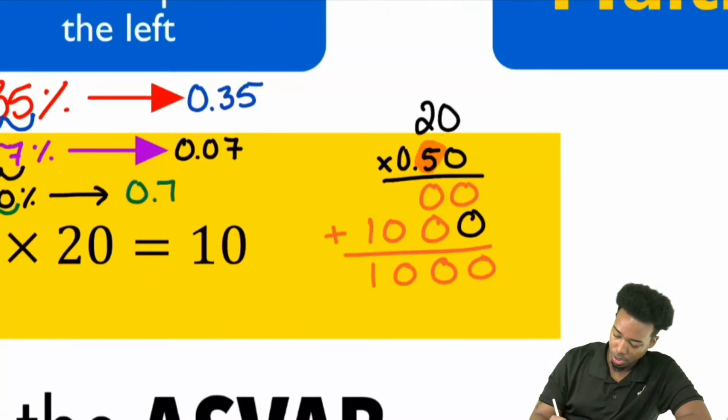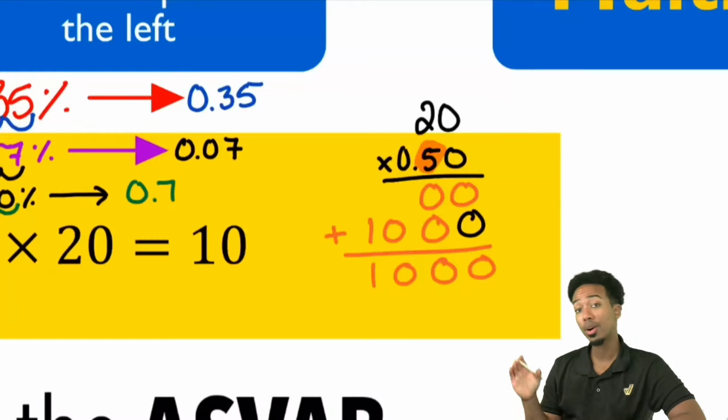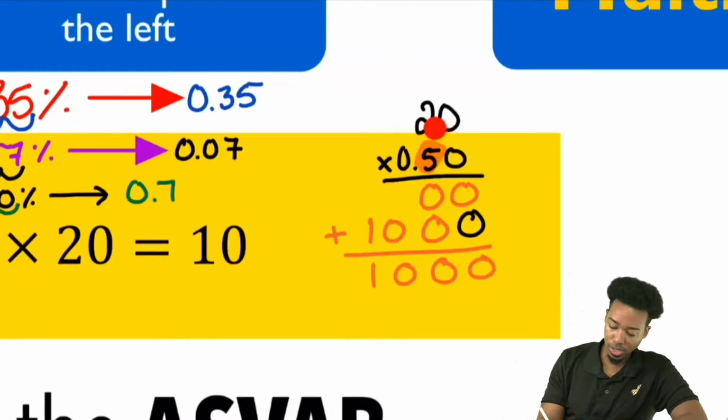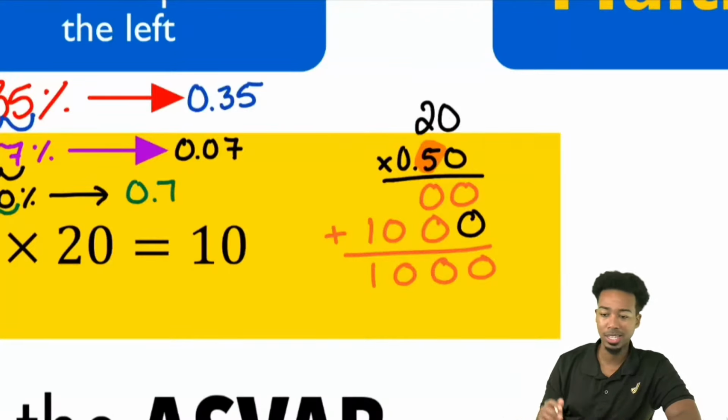Once you finish the multiplication, here's all you're going to do. Remember how earlier I said ignore those decimals? Now we bring them back. Over here with the 20, you don't see anything; it's just at the end. But over here with the 0.50, you've got 1, 2 decimal places.